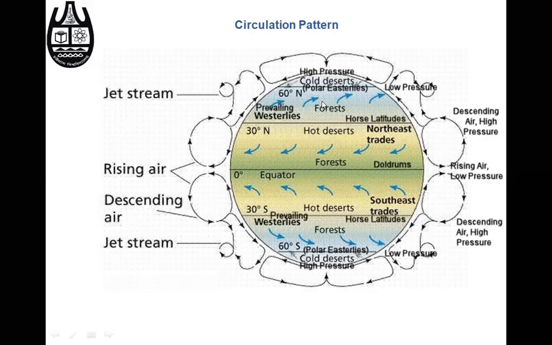And after that and below that, the wind direction is also different. Mostly the wind pattern is much more important between 0 degree to 30 degree north and south, because these are the areas where the wind moves very fast. In most cases, the different natural phenomena related to wind we can find in these latitudes.